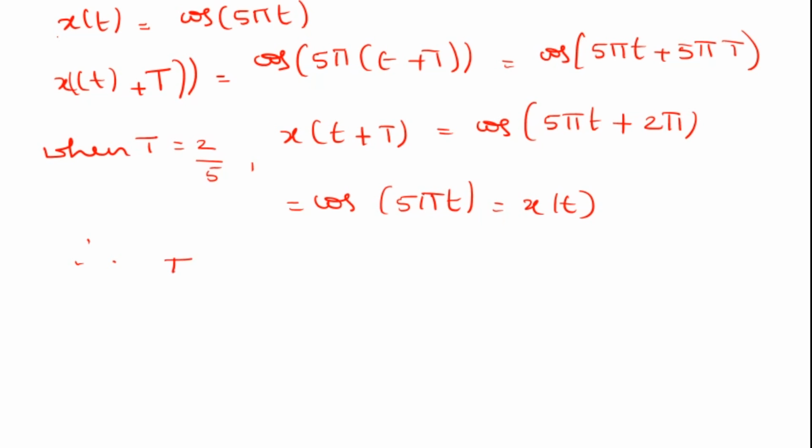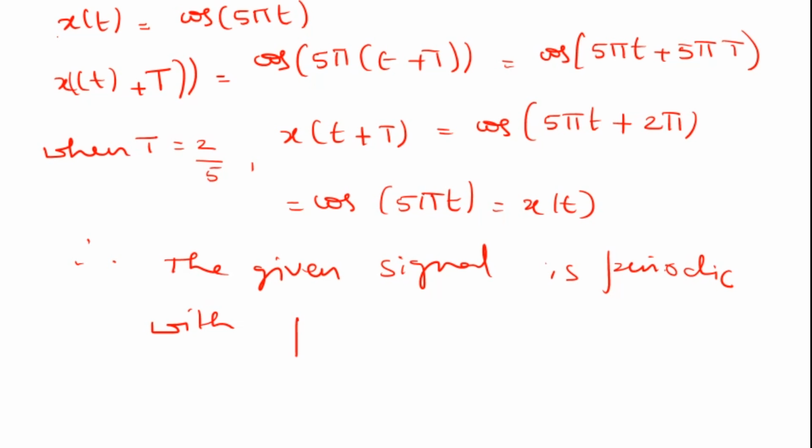Therefore, the given signal is periodic with period T is equal to 2 by 5.